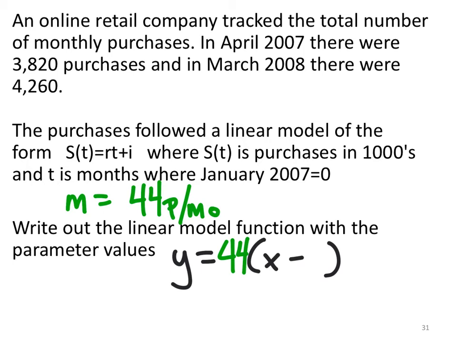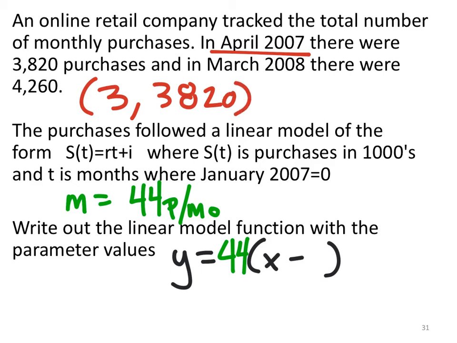And we already showed that April 2007, well, I said it was the fourth month. But the problem with this is January 2007 is the 0th month, which means February is the first month, March is the second month, and April is the third month. So it's actually the ordered pair 3, 3,820.